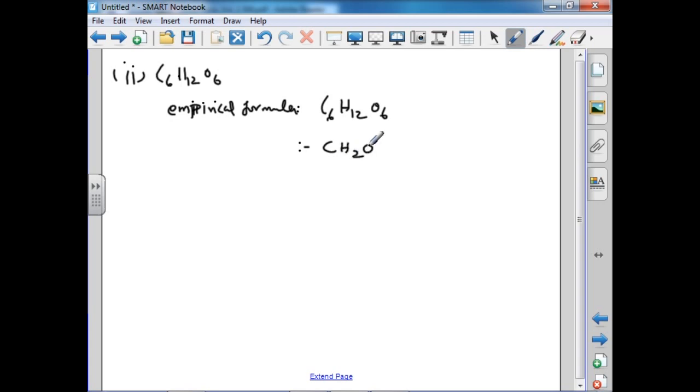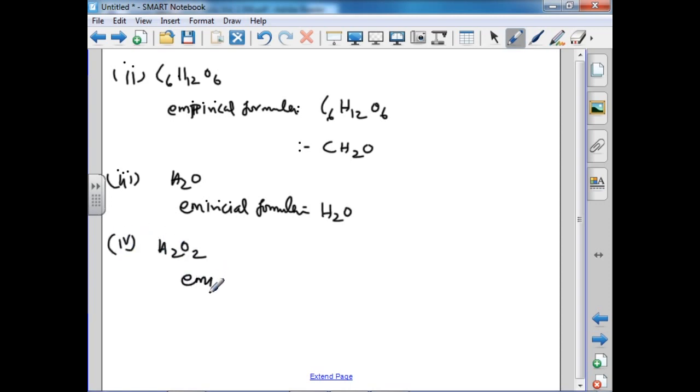This is the empirical formula. Third one, H2O. The empirical formula is also H2O. The fourth one, H2O2. For the empirical formula, both terms are divided by 2. HO is the empirical formula.